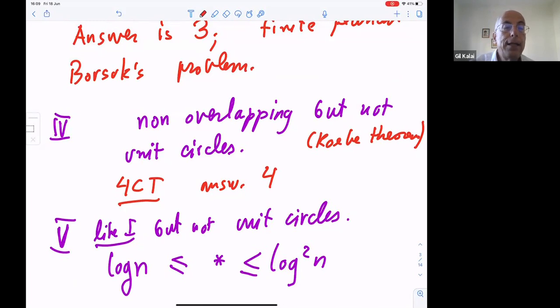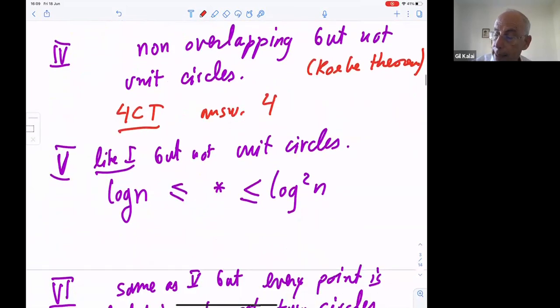In this case, this was shown to me by Ron Pinchasi, there are examples where you require log n colors. And he also showed that you don't need more than log squared n colors. It's an interesting question to understand this situation.